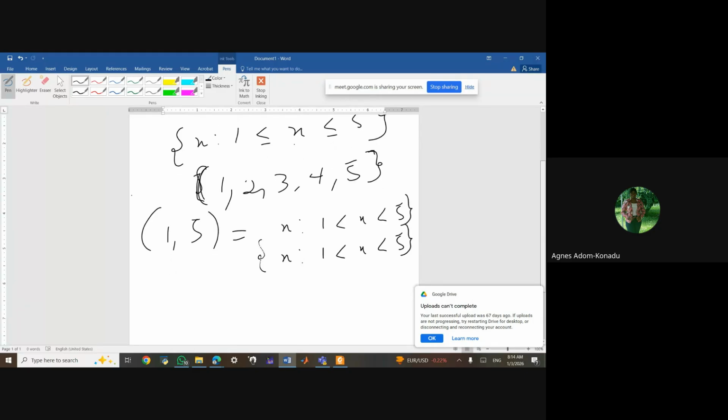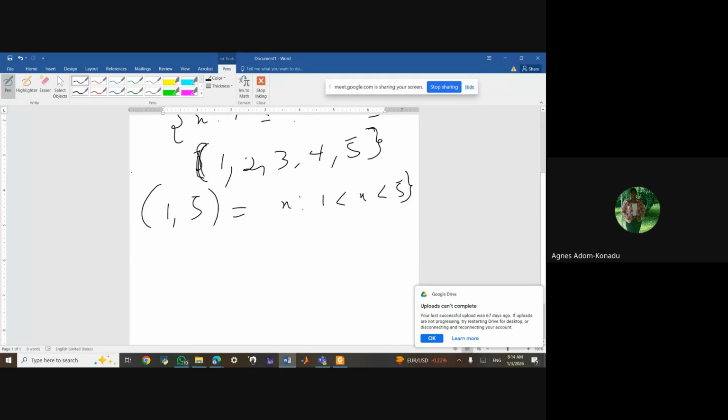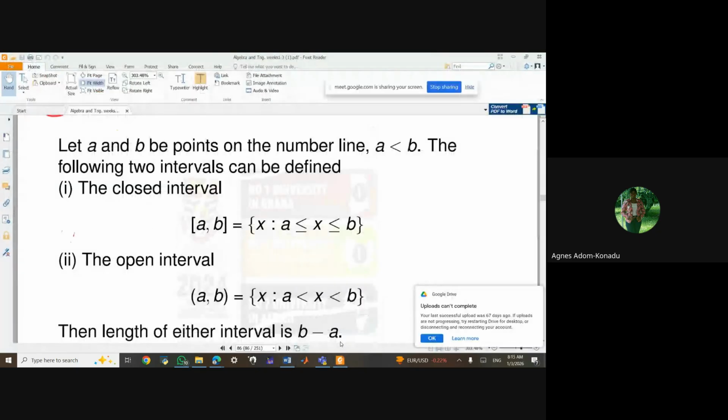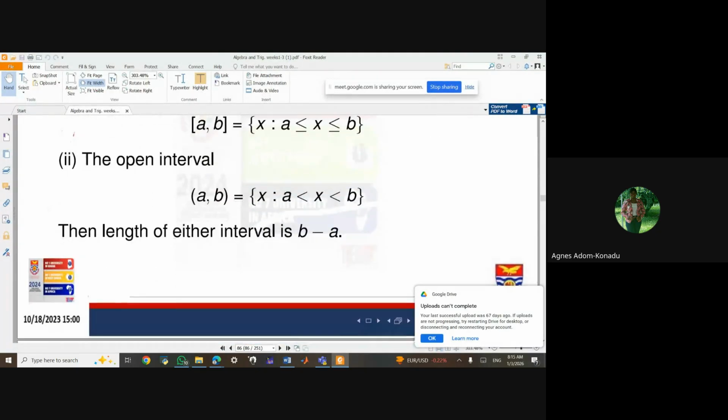So this one, when I take only integers, it means that I'm looking for numbers like 2, 3, 4. 5 is not part, 1 is not part, when it's open like this. Okay, so we'll move on.